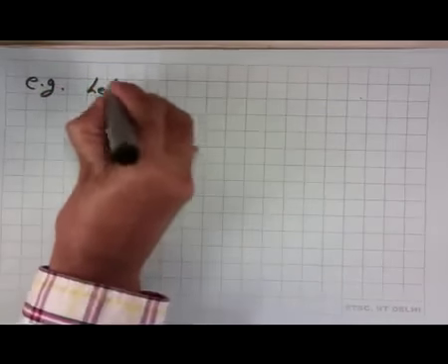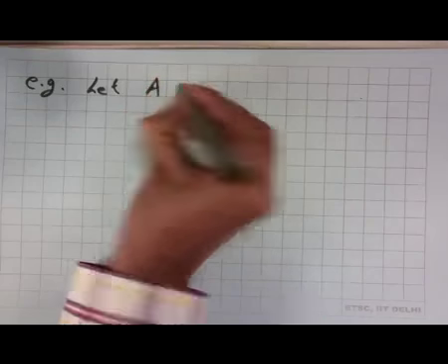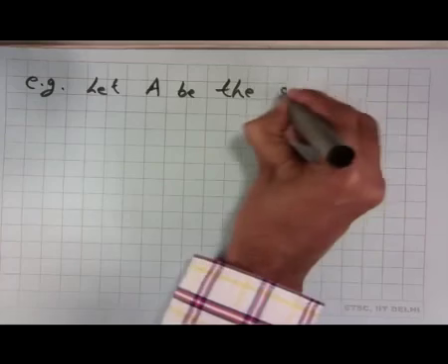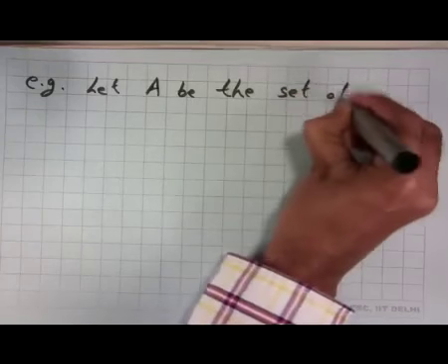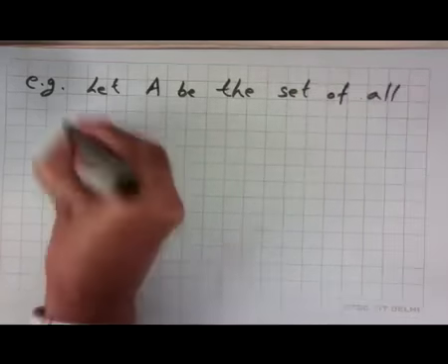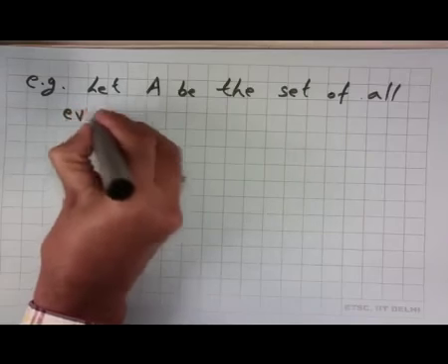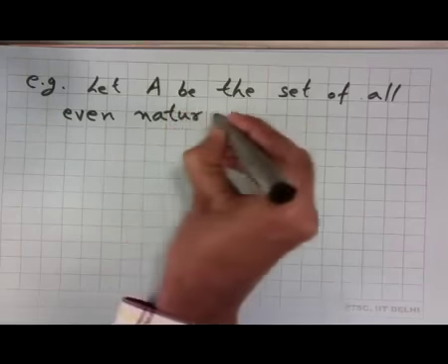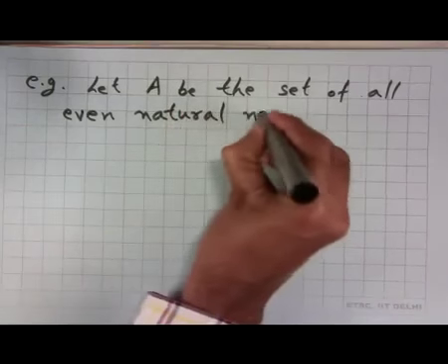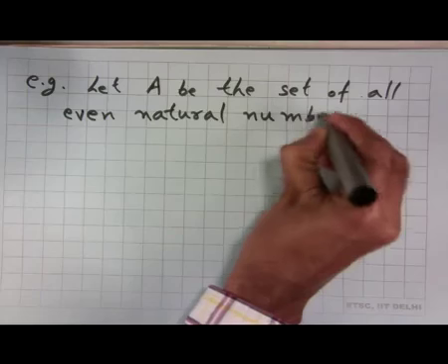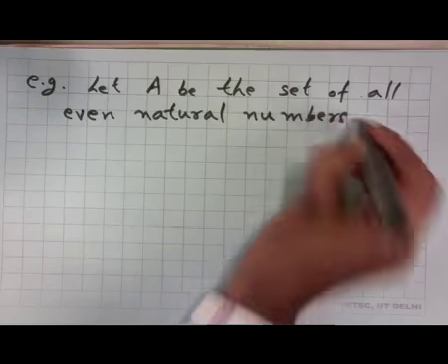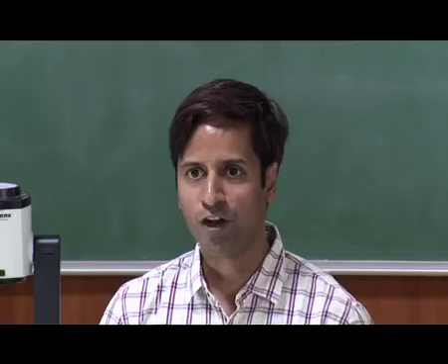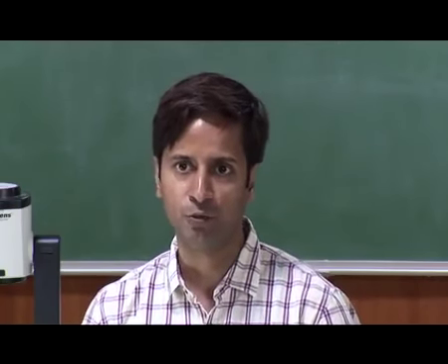So, for example, let A be the set of all even natural numbers. Right, which means that A is the collection of all natural numbers which are divisible by 2.